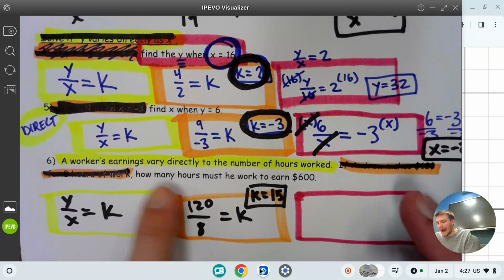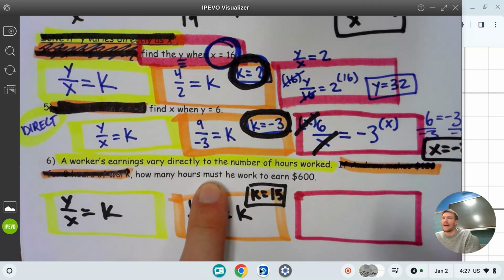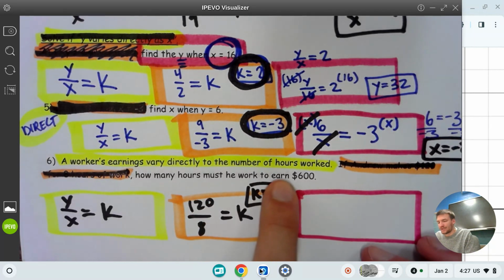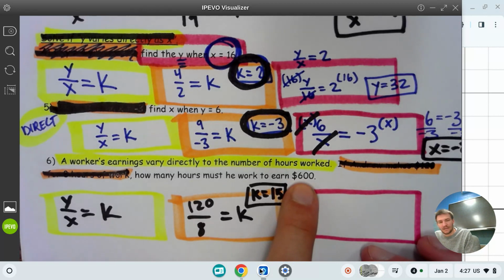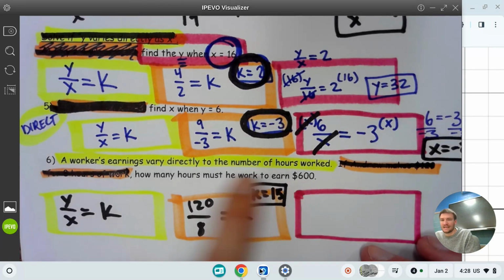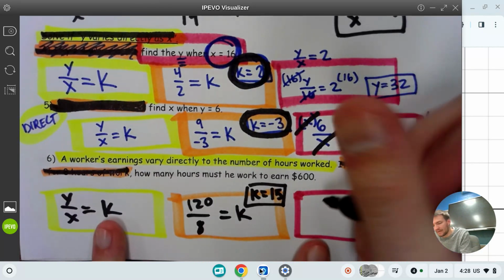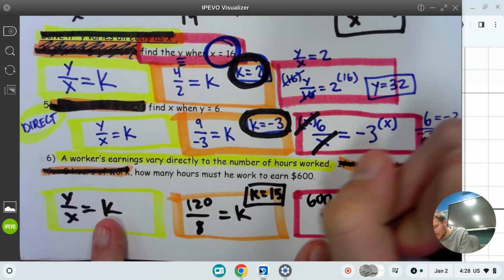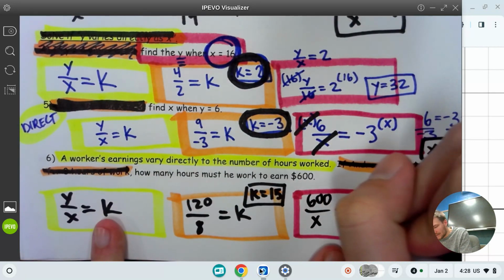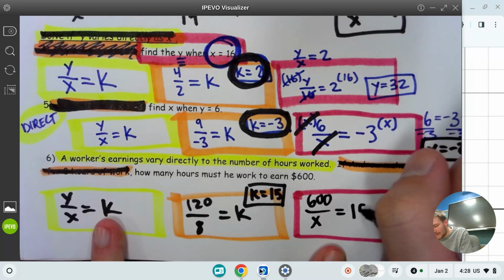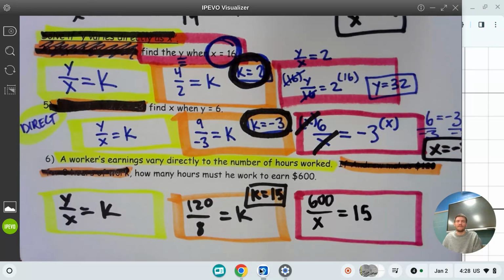Okay. How many hours? That means hours is a mystery. Must he work to earn 600? I remember that we said earnings was the top, which means 600 was the top. And remember, K is constant forever.